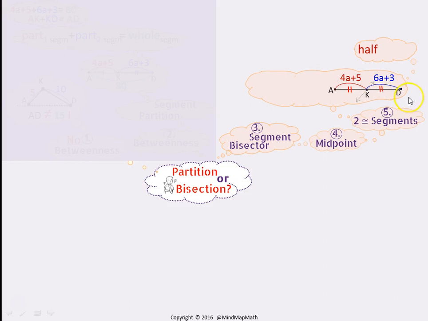I will use my colors to help me identify left and right halves, and I will complete what we've just noticed. Two parts will be equal because it was given to us that way, and because they are halves. So we are being more specific about identifying the two parts that we are discussing.